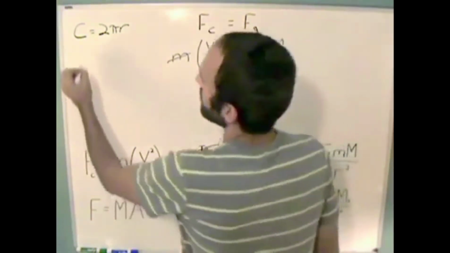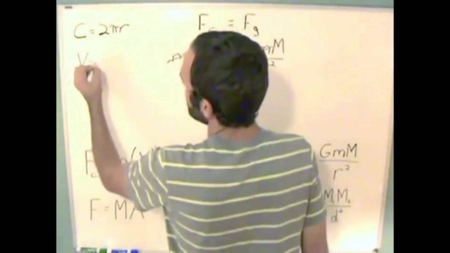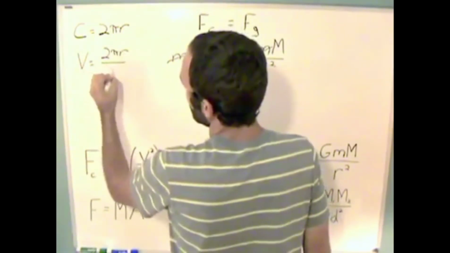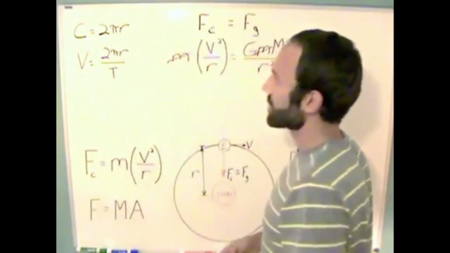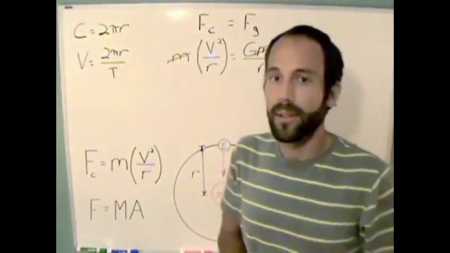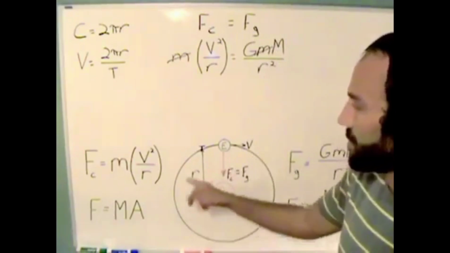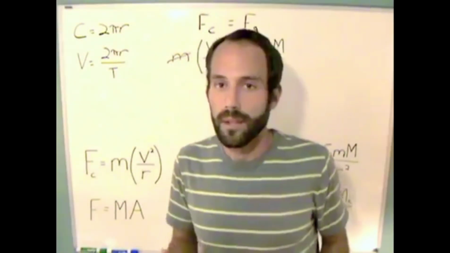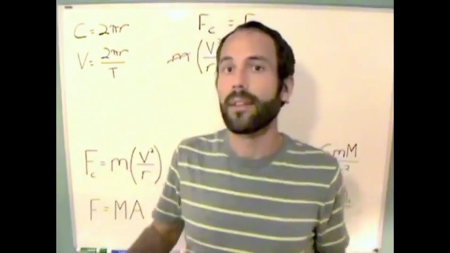So velocity is equal to 2 pi r over big T. In physics, big T is usually considered a period, or the time it takes to make one revolution, which in this case they thought was 1 year, because the Sun does its thing in 1 year.